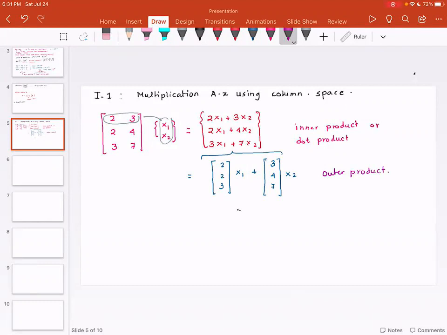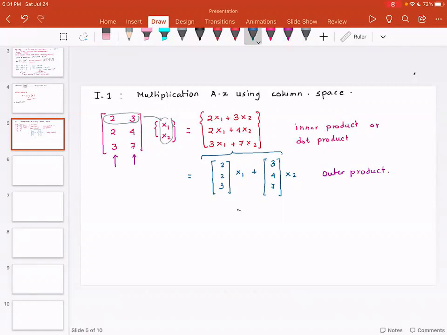Now, this outer product is of fundamental importance. And what does that mean? It means that we are multiplying each column of this matrix by a scalar, single number, x1. So in outer product, each column gets multiplied by a scalar.